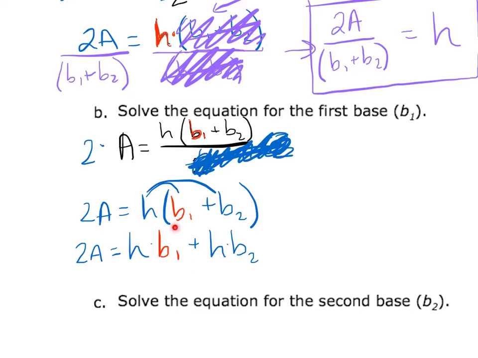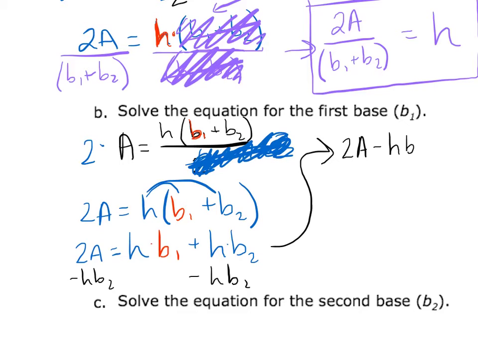All right. This is the term we want by itself, so we need to get rid of this. So we're going to subtract this from both sides. So on the left-hand side, we're going to have 2a minus h b2 equals h b1.